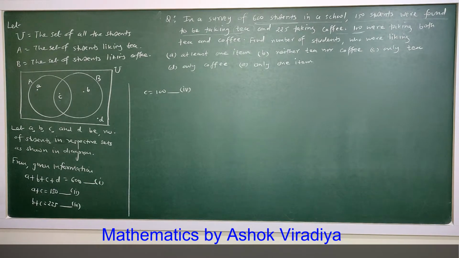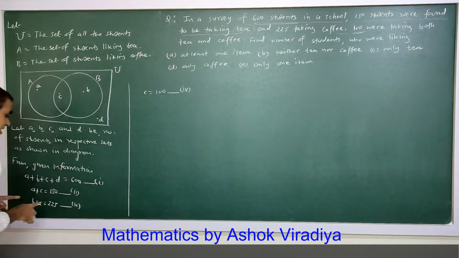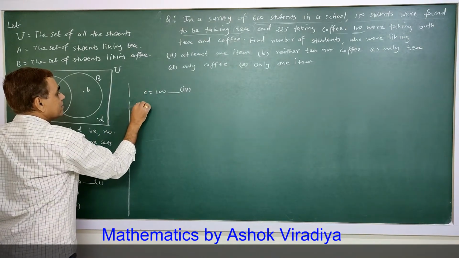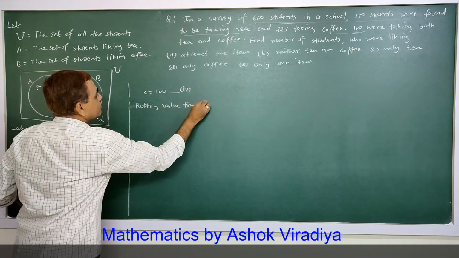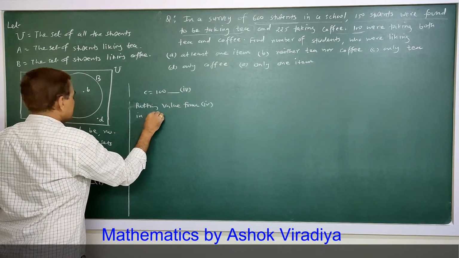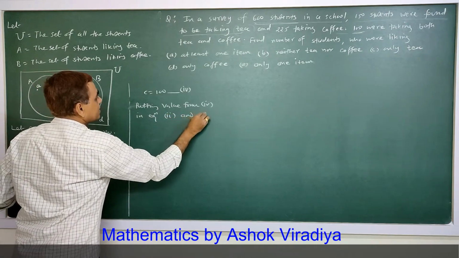Now from these equations we are finding all values A, B, C, D. Here C is given. Putting this value from equation number 4 in equation number 2 and 3.